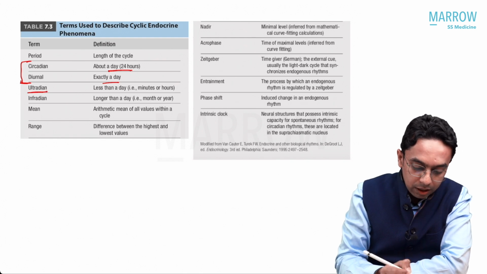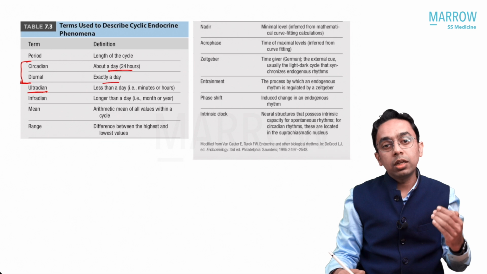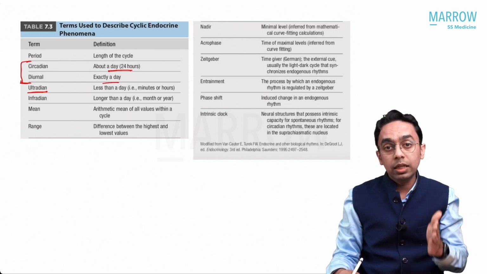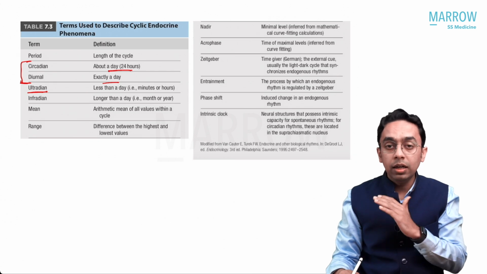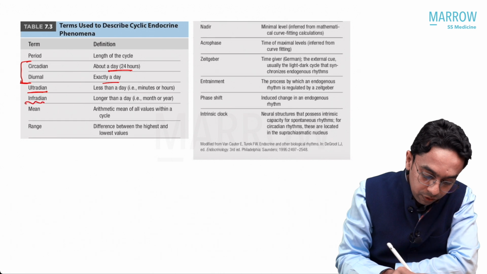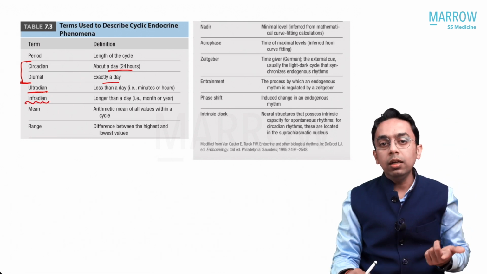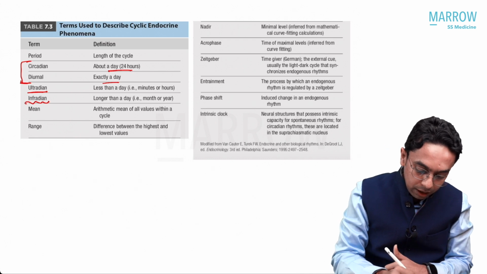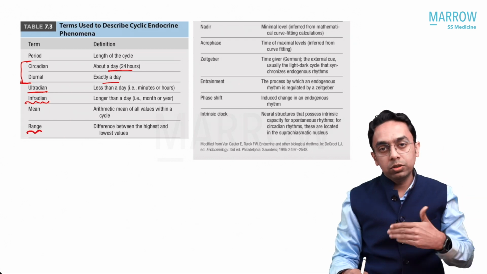Ultradian is less than a day, for example a person entering into puberty, so GnRH is secreted in pulses during night, right? So that's an example of ultradian rhythm. Infradian rhythm is longer than a day, which is a menstrual cycle, right? Then range is the difference between the highest and the lowest, trough and the peak.